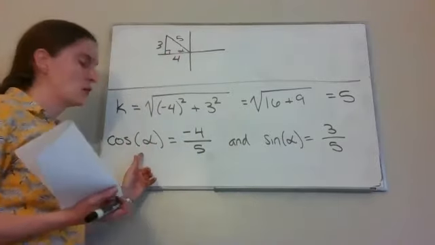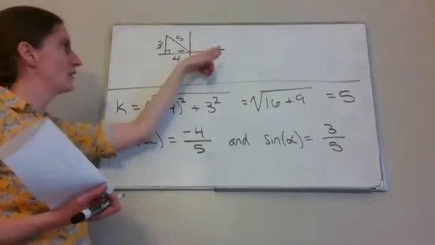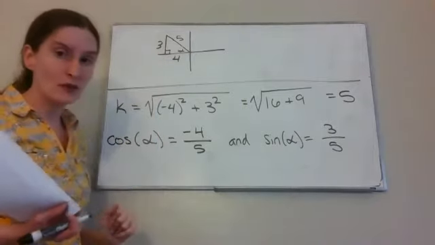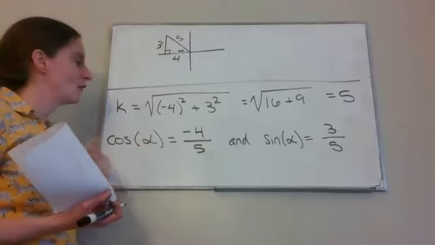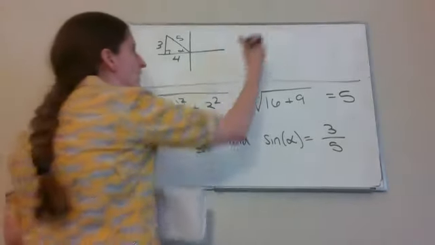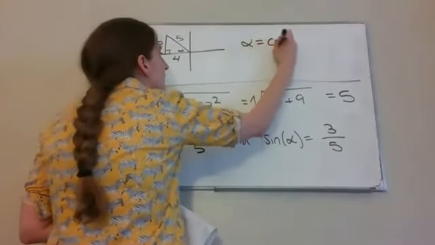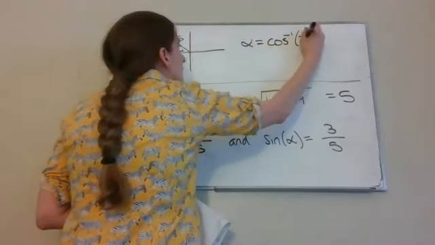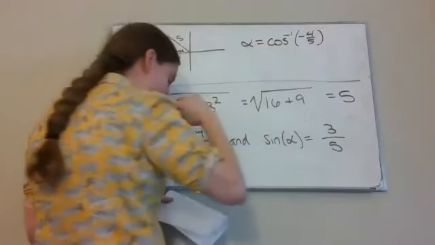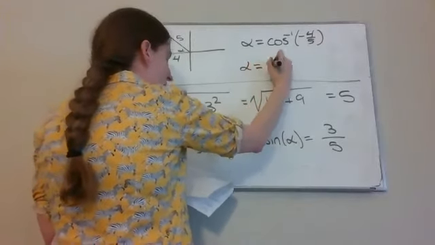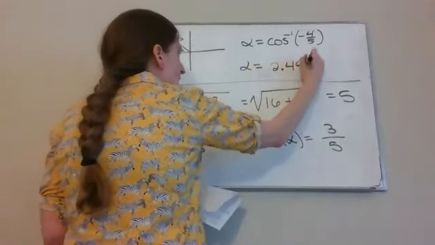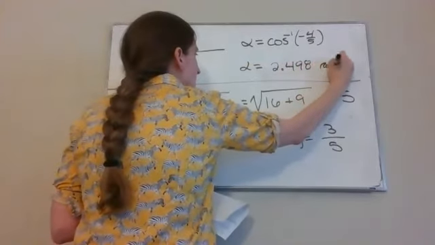But my cosine inverse is defined between 0 and pi. That includes where alpha is. So I can do cosine inverse of -4/5 to get alpha. If you just type that into your calculator, I get alpha is approximately 2.498 radians.